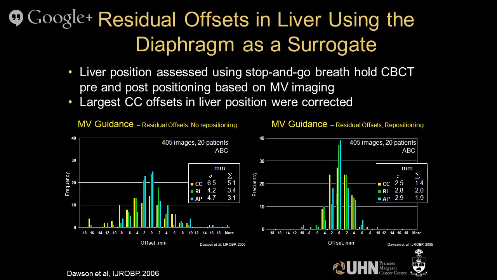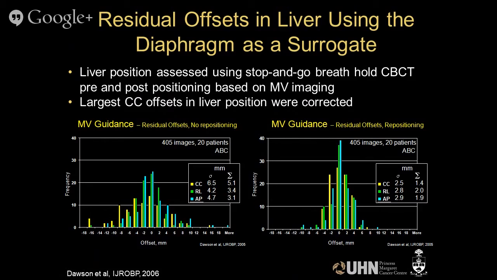So it allowed us to look back and say, well, how was the liver actually positioned using that type of older-style IGRT? You could see before any repositioning there were offsets of almost 20 millimeters in some patients in the liver position itself. But using that MV guidance approach, the great outliers were corrected for.